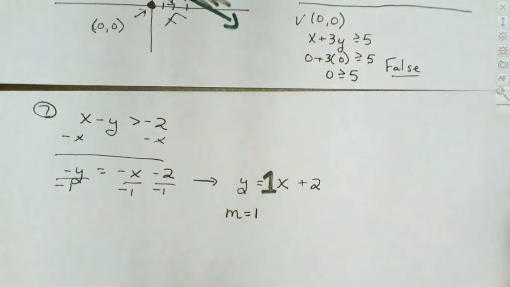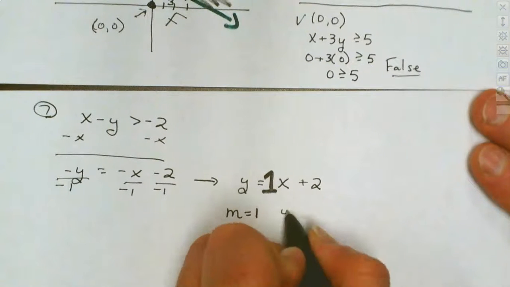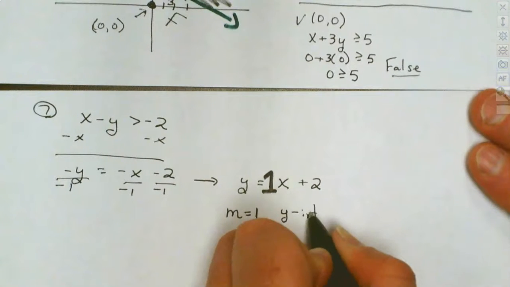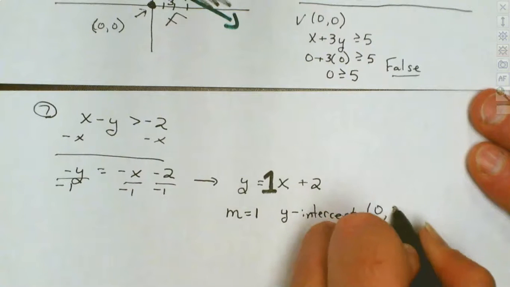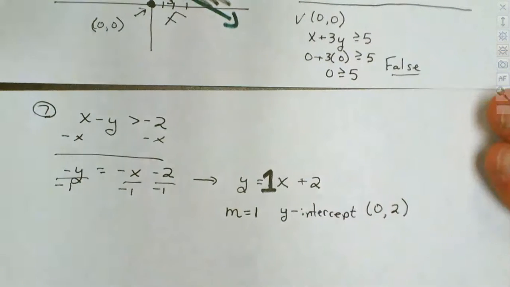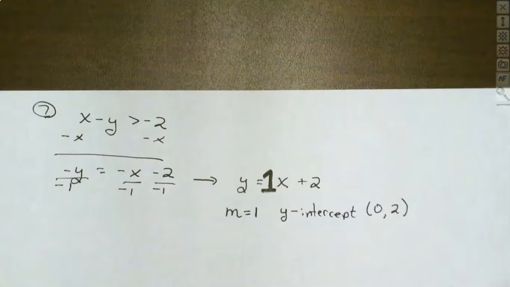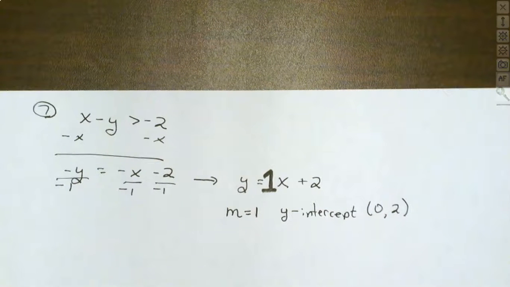So that's why our slope is 1. And my y-intercept is 0 comma 2, because that number on the end is the y component of your y-intercept.